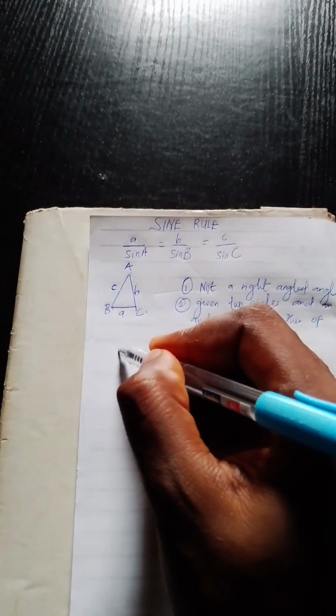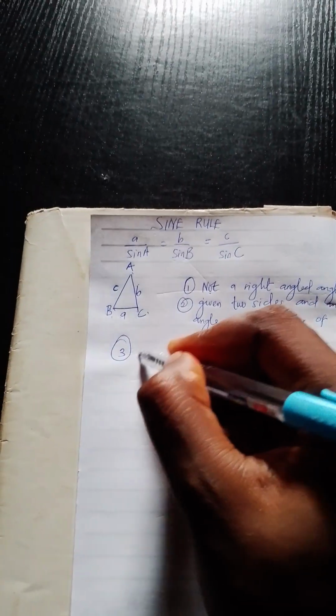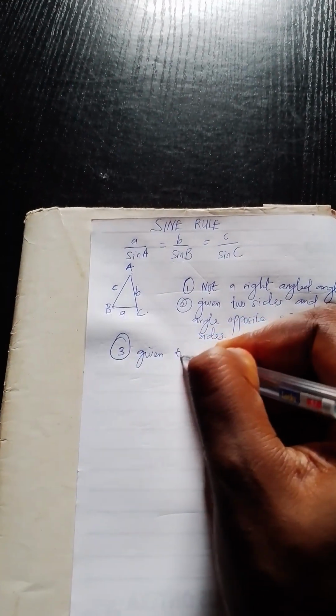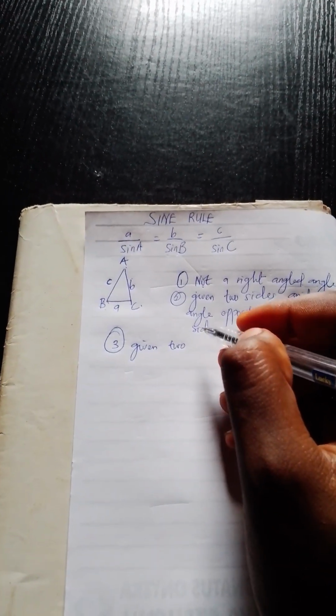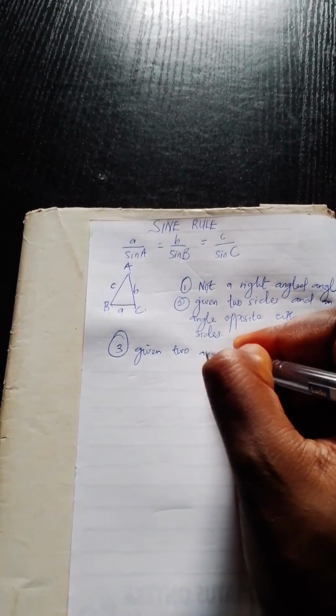And also you can make use of this sine rule when you are given two angles and one of the sides opposite the given angles.